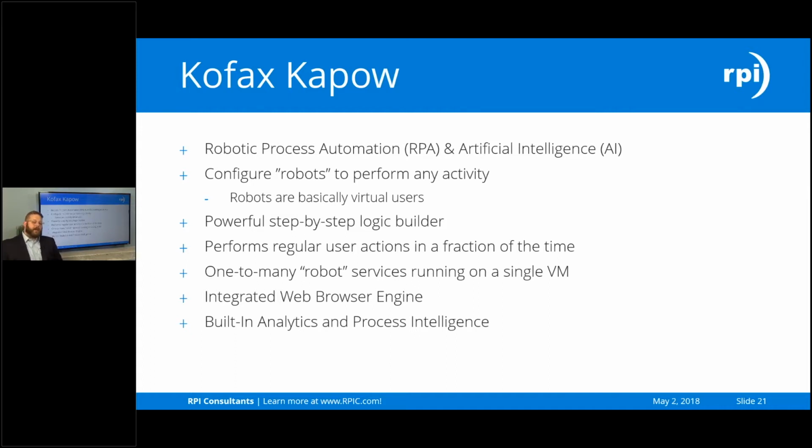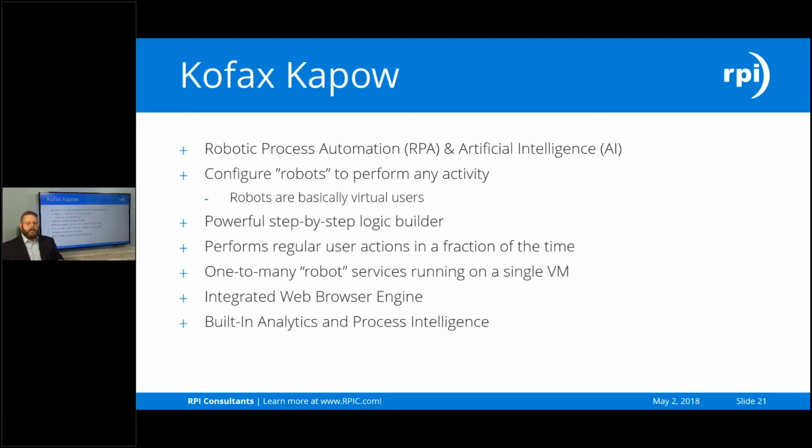It will perform regular user actions in a fraction of the time. So any task that a user might take 5 or 10 minutes to do, let's say they're logging into a website, entering some information, executing a search, downloading a document, where they could be continually interrupted in this task, that could take Kapow seconds to perform.